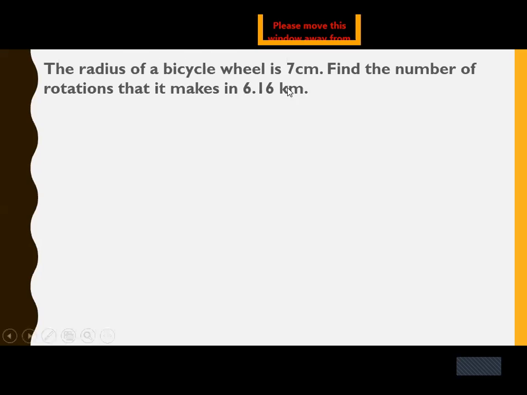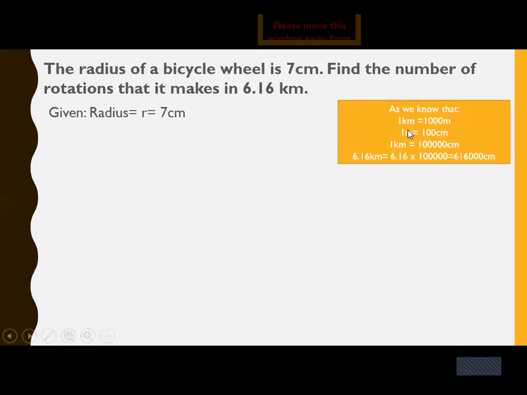Now, in the same way, we can solve this question again. The radius of a wheel is given, and we have to find the number of rotation that it makes in 6.16 kilometers. Again, we know that 1 kilometer is equal to 1000 meter and 1 meter is equal to 100 centimeter.